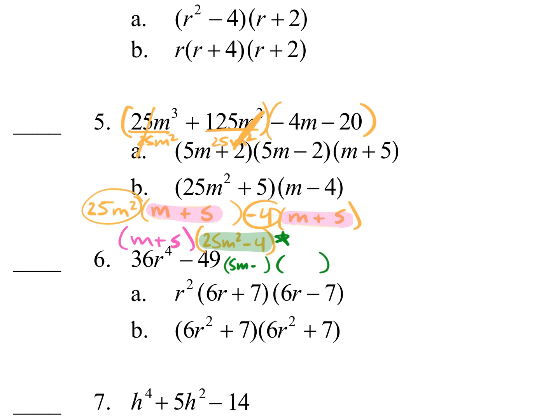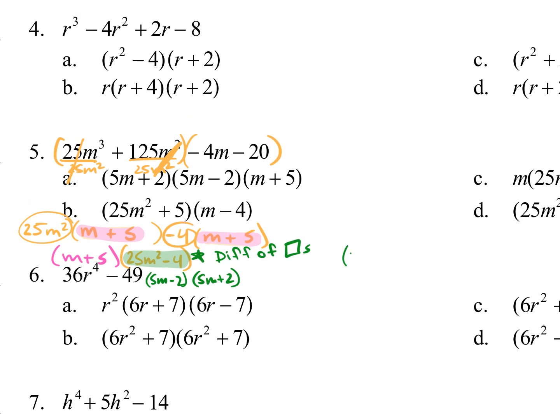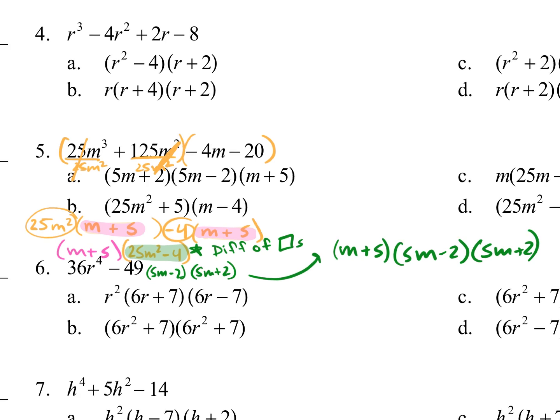Awesome. So this was the difference of squares. So our factors would be m plus 5 times 5m minus 2 times 5m plus 2. Awesome. A.